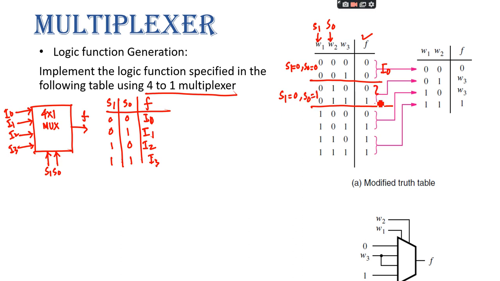So these two correspond to I1, right? Yes, sir. Similarly, these two correspond to I2, and the last two correspond to I3, right? Yes, sir. Among the three inputs, we have already considered the first two as the control inputs, right? Yes, sir. So now the only input remaining is W3, right? Yes, sir. So now for a single input, can we do the K map?